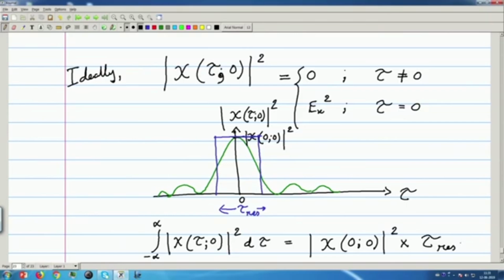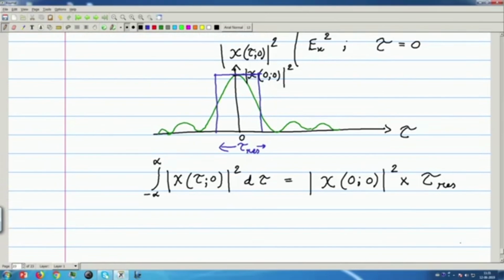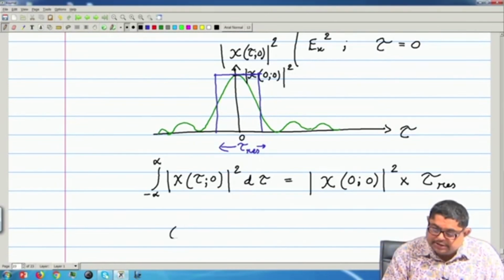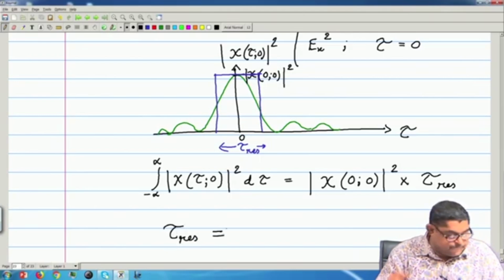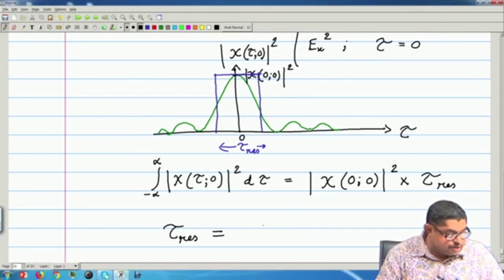This easily tells us what the delay resolution constant is.